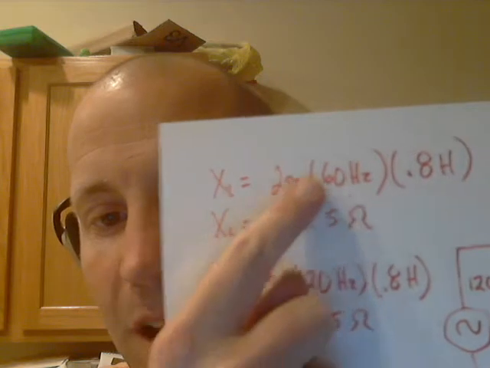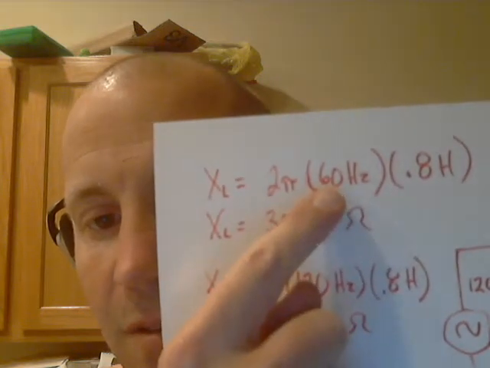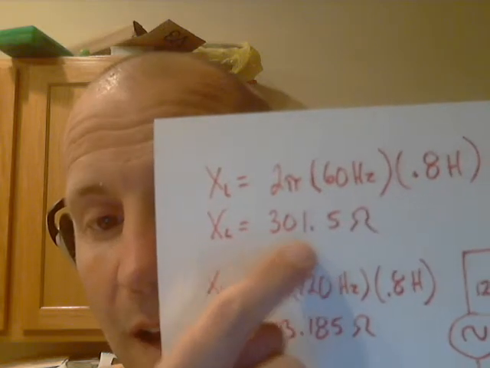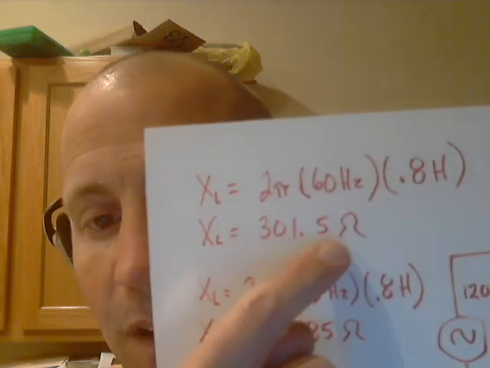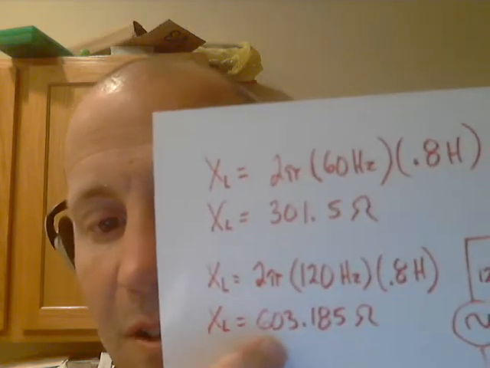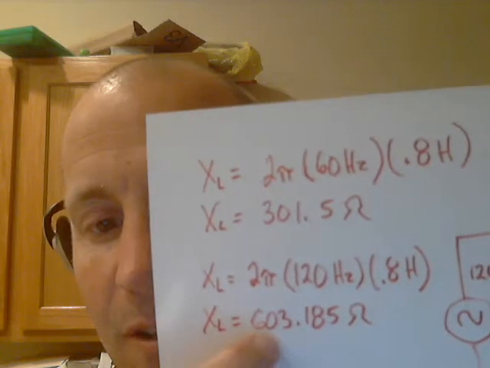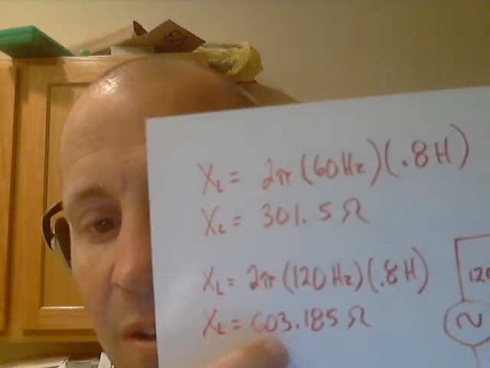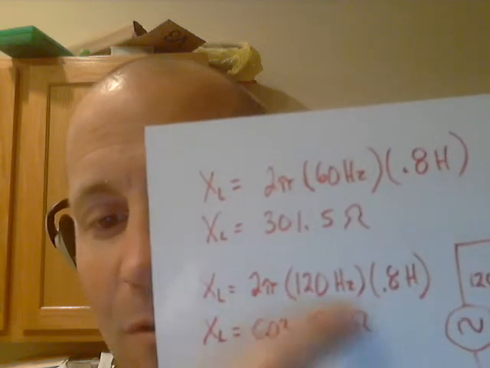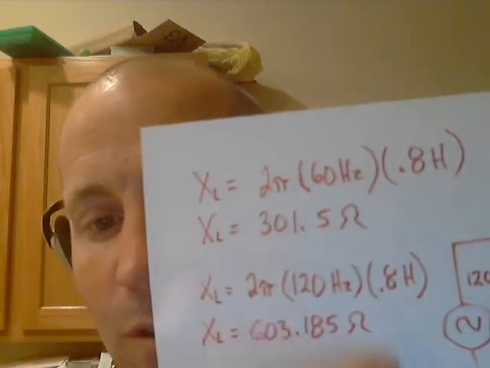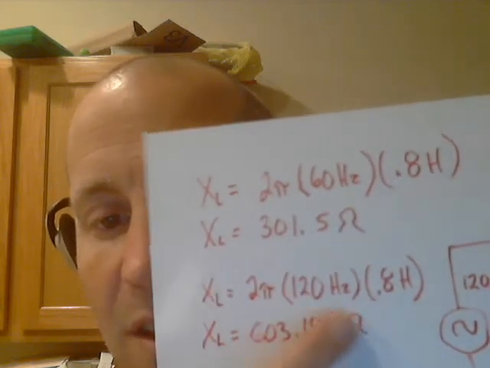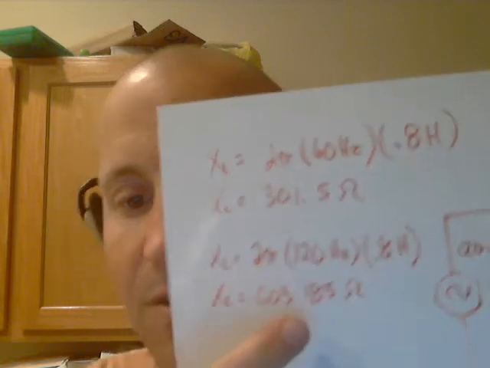Where we had the lower frequency of 60 hertz, we came out with a reactance value of 301.5 ohms. When I double the frequency, I essentially double the reactance value. Look at how it goes from 301 to 603.185 ohms. So if I want to increase the inductive reactance of the coil to the flow of current, one way I can do that is to increase the frequency.